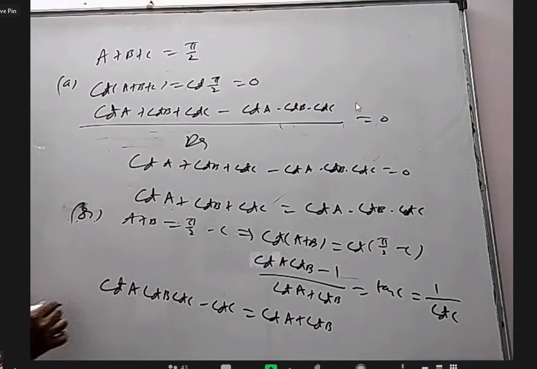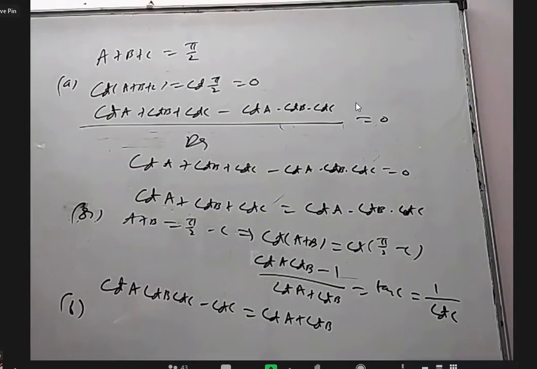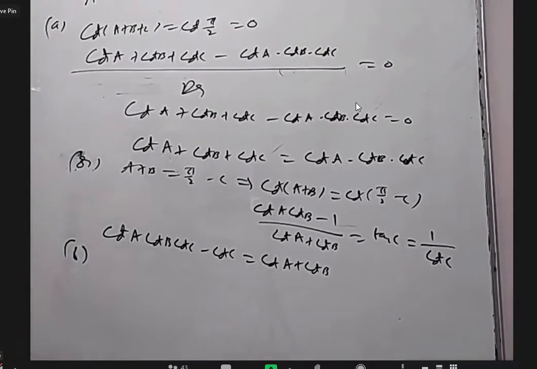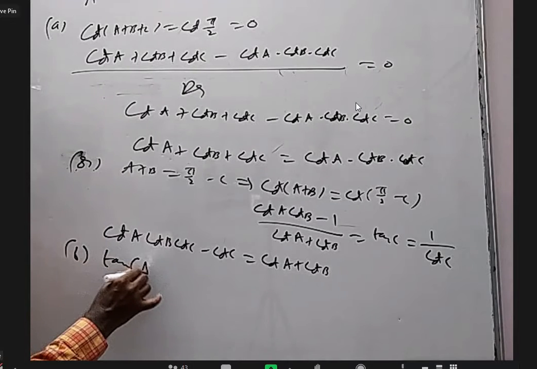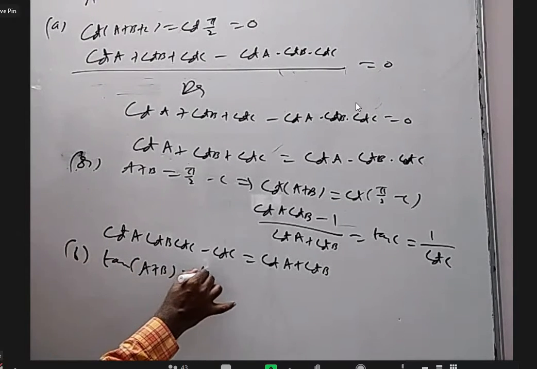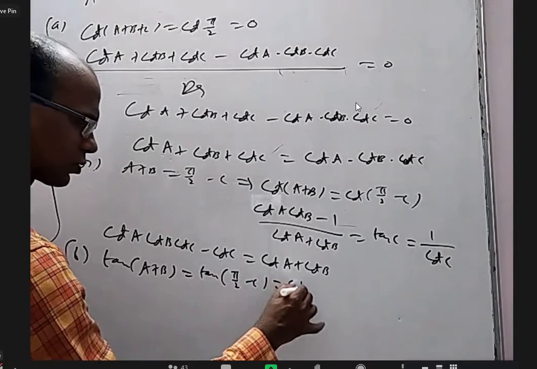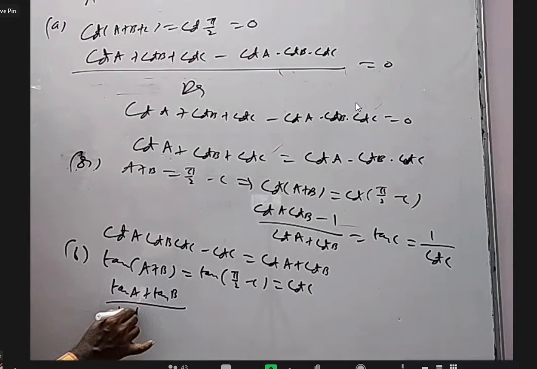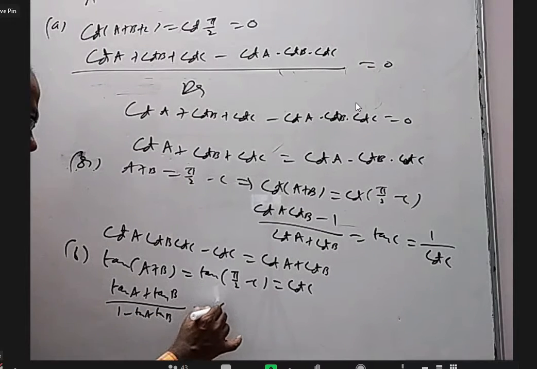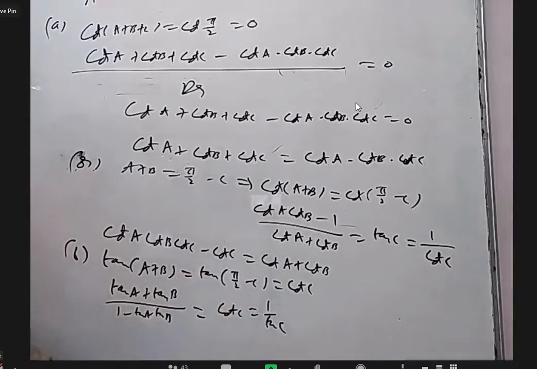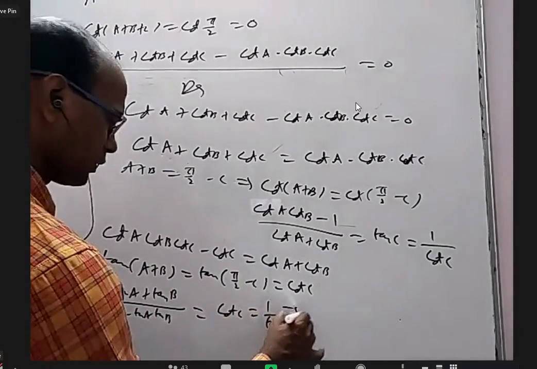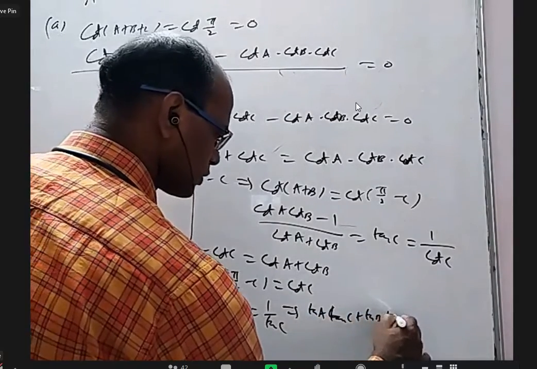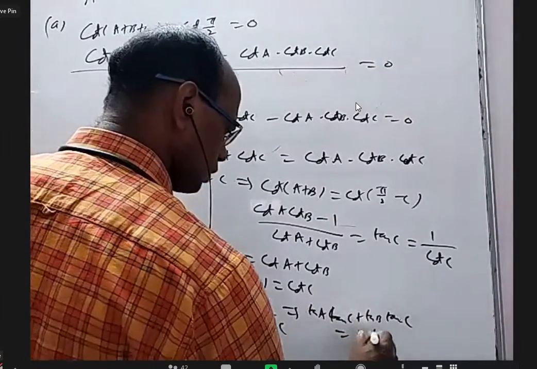Or if you apply tan for this, you will get tan A plus B is equal to tan 90 minus C, which is cot C. Tan A plus B is tan A plus tan B by 1 minus tan A tan B is equal to cot C. I can write 1 by tan C. If I do cross multiplication, I will get tan A tan C plus tan B tan C is equal to 1 minus tan A tan B.